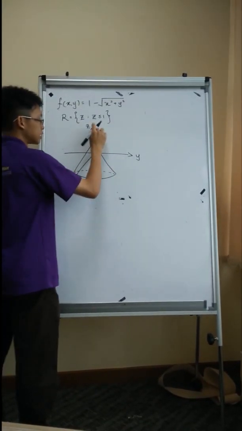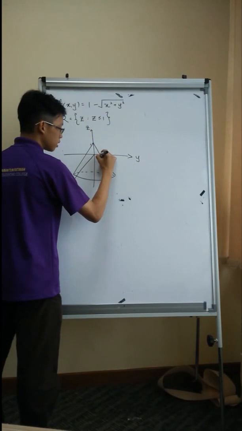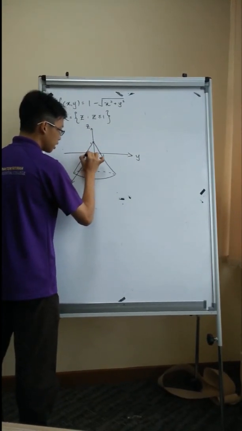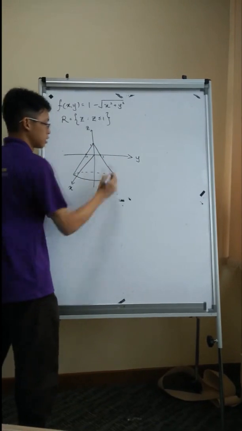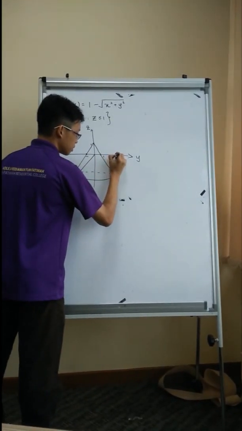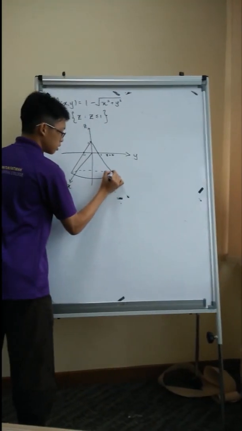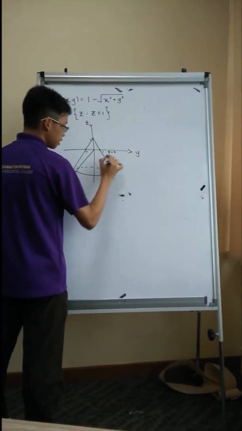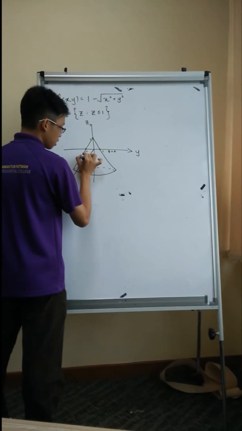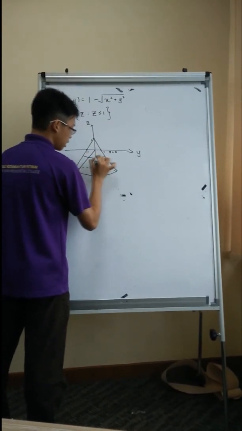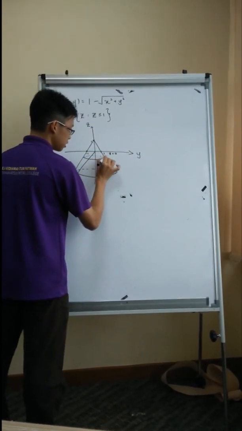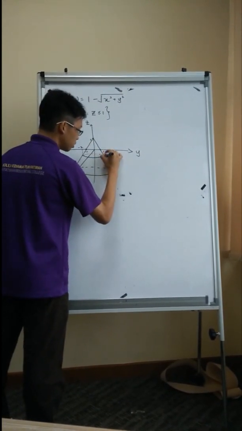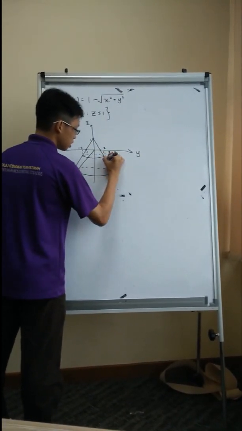So when z is equal to 0, y is equal to 1 and -1. When z equal to -1, the y is equal to -2 and 2.